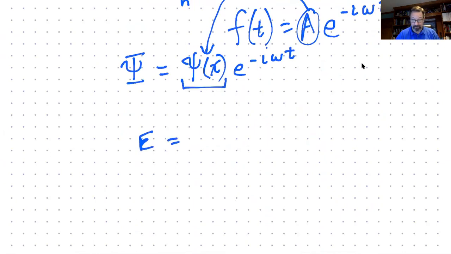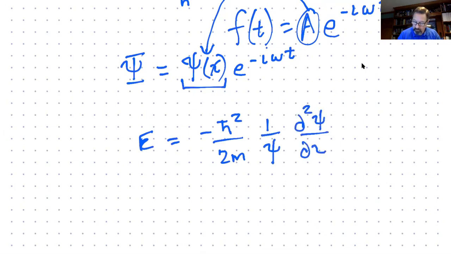We just showed the constant is the total energy, was equal to minus, and I keep wanting to drop that negative sign, so I was careful not to do it here. I looked at my notes, times 1 over psi times the second derivative of psi with respect to x plus the potential. And I think I've got that. I've got the negative sign, that's a positive sign, that's a positive sign.